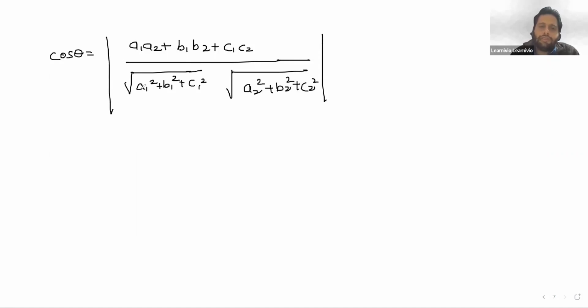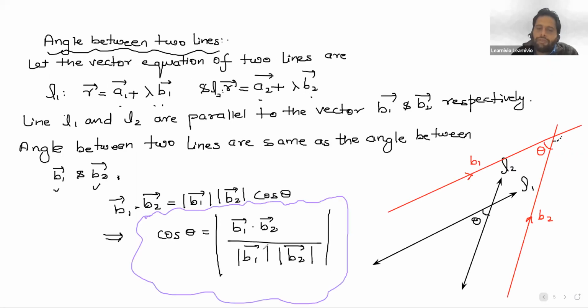So we get this cos theta. If you have a Cartesian form, you can use this formula, or if you wish, you can use the same formula, just take out the value B1 and B2 from the Cartesian one.